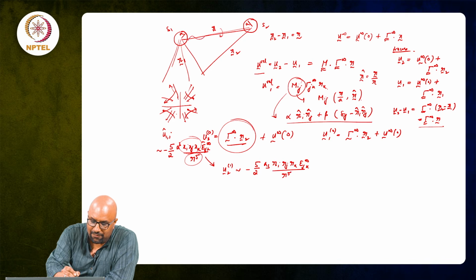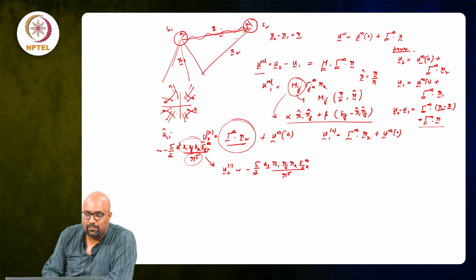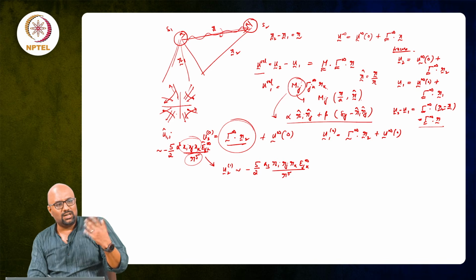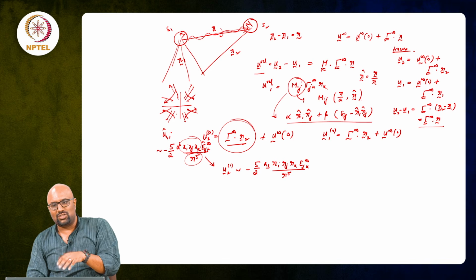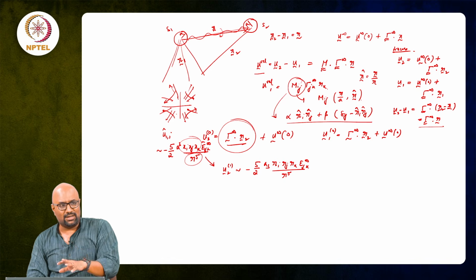So, there is a feedback on sphere 2 due to the disturbance that is created by sphere 1. Now, obviously, there is going to be a Faxen correction of a Laplacian of this term, etc. I am just focusing on the leading order term.